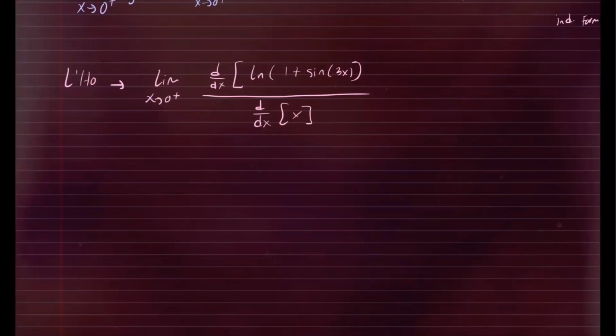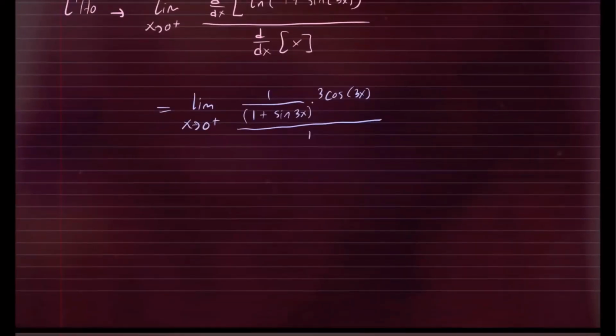Now let's see what we get here. We have the limit as x approaches 0 from the right. The derivative of ln of (1 plus sine 3x) is 1 over (1 plus sine 3x) times the derivative of the inside. So the derivative of 1 is 0, and the derivative of sine 3x is cosine 3x times 3. So I'm just going to put it in the front. All over the derivative of x, that's 1.